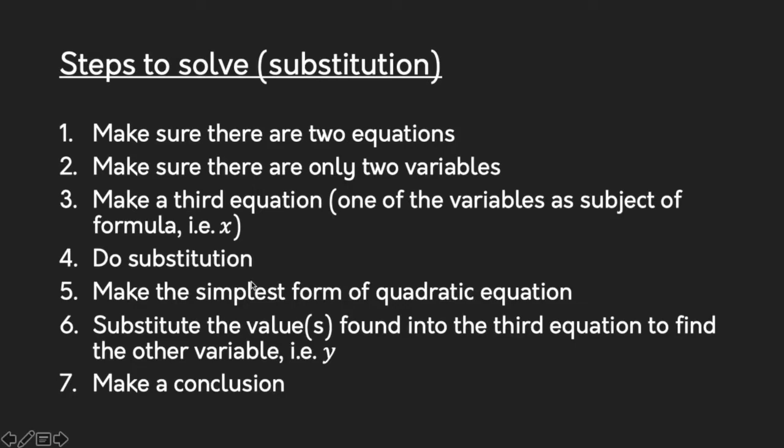When we do this substitution, if we used x, we'll find what x is. When we have found x, we can use it to find the value of y. And last but not least, make a conclusion. My friend Syakirah, the second presenter today, will give you an example of a question, and you will see that these steps are applied there.